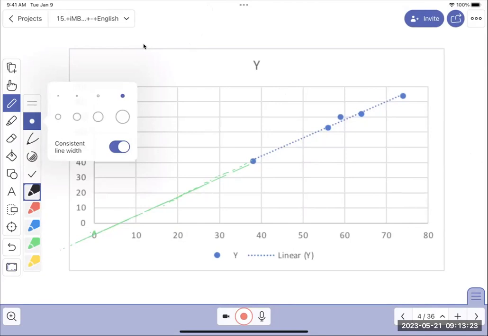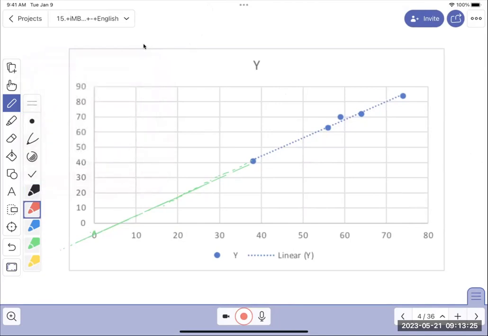So this should hit at, what was the value for the intercept?